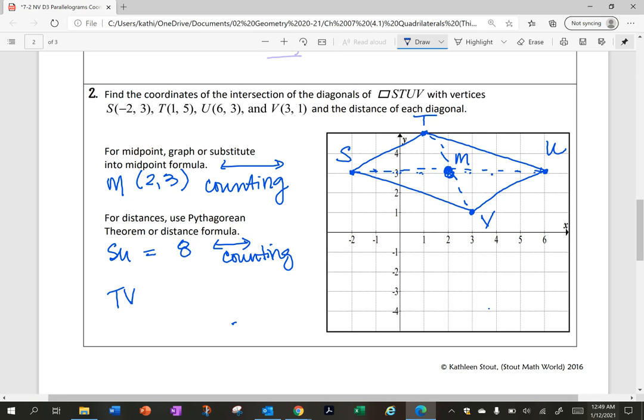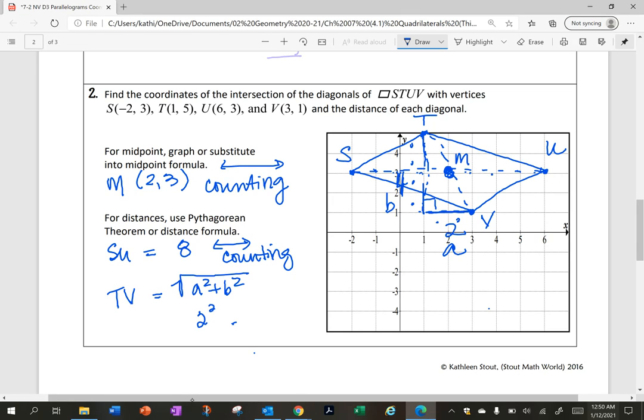And let's find the diagonal T to V. So I'm going to use the Pythagorean Theorem. I'm going to break down T to V into a right triangle. Horizontally I have 2, and vertically I have 1, 2, 3, 4. So substituting in the square root of a squared plus b squared, I'm going to say a is 2 and b is 4.